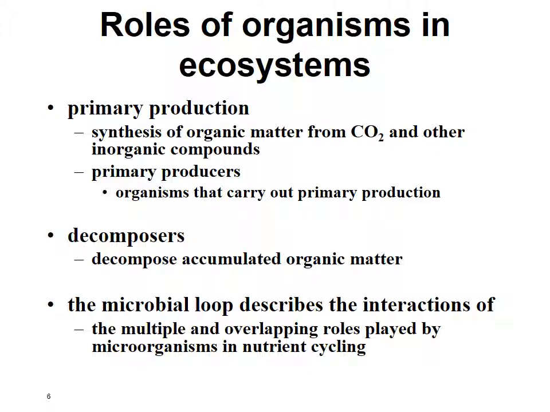That is to say, protists eat bacteria and primary consumers eat protists. In addition to that, the metabolism and death of these microbes recycles some of the organic matter back to the general pool of dissolved organic matter. So this complex web of interactions is referred to as the microbial loop.